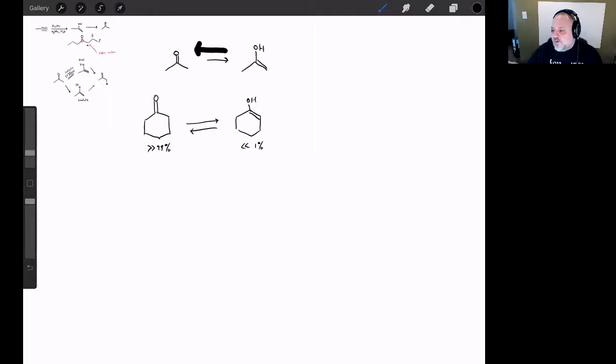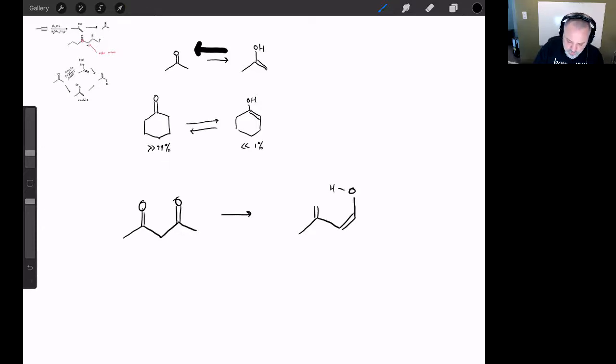Let's imagine a situation where you have a ketone like this next to a ketone like that. Now, if we were going to form an enol in this case, we've got a couple of factors that would be stabilizing the enol. One factor is that the pi system is conjugated.